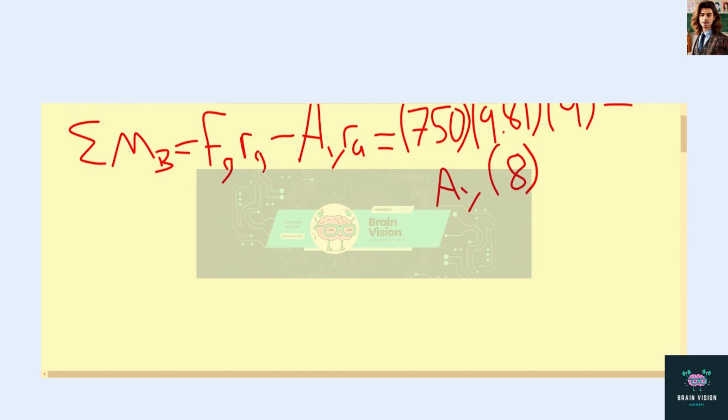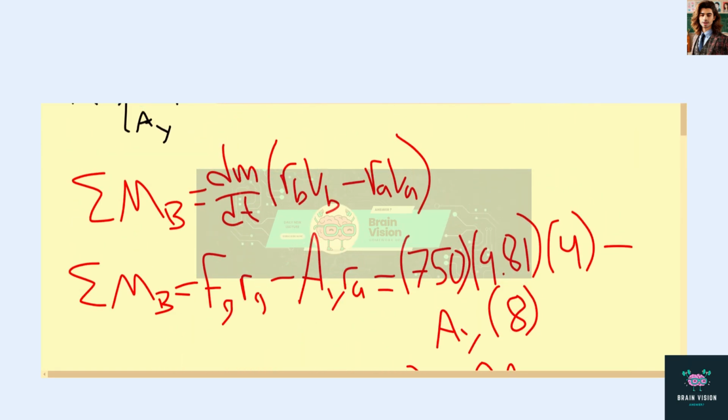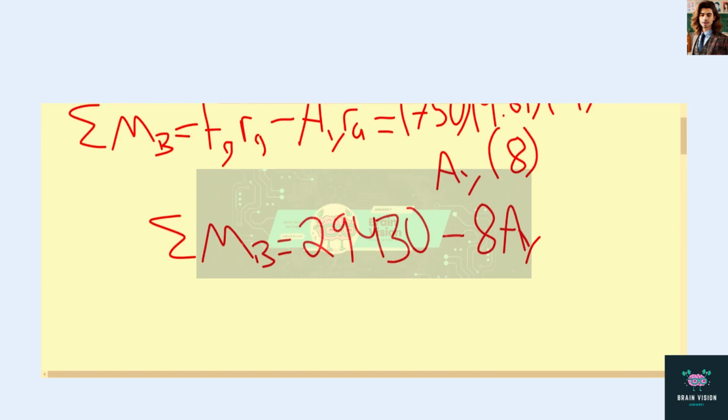Once you simplify that, you have the sum of MB is equal to 29,430 minus 8 times AY. Now the right half of the equation is dm/dt times the difference of the moments.